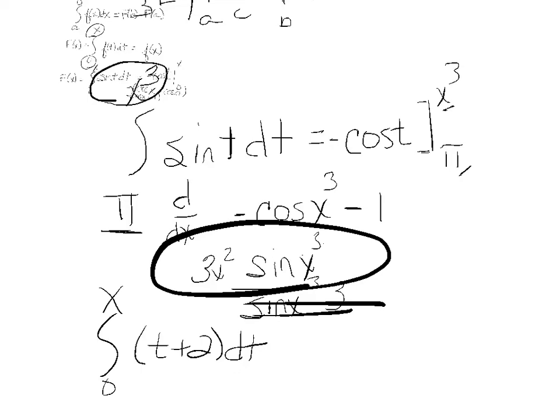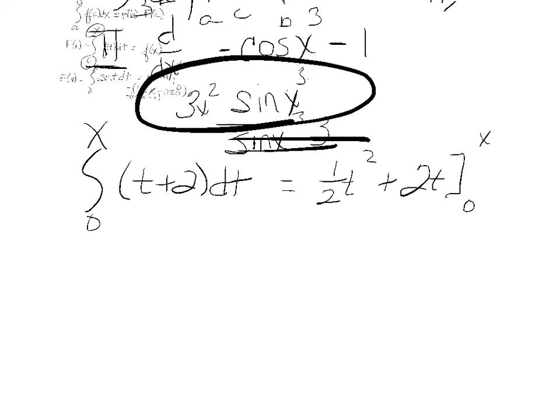Okay, let's look at this one. Take the antiderivative. What do we get? 1/2 t squared plus 2t. All right. And so when we plug in x, we get 1/2 x squared plus 2x.